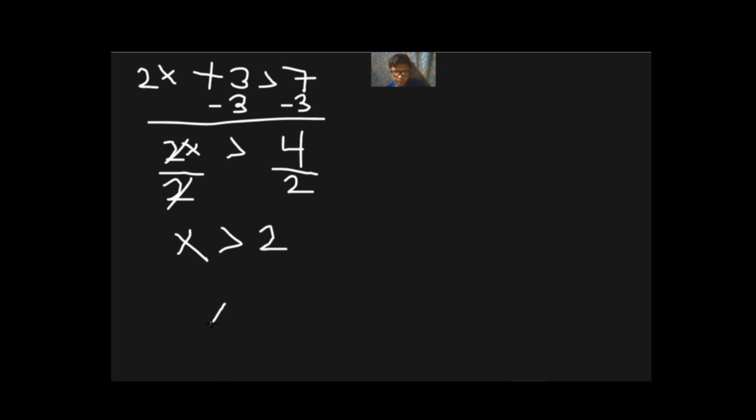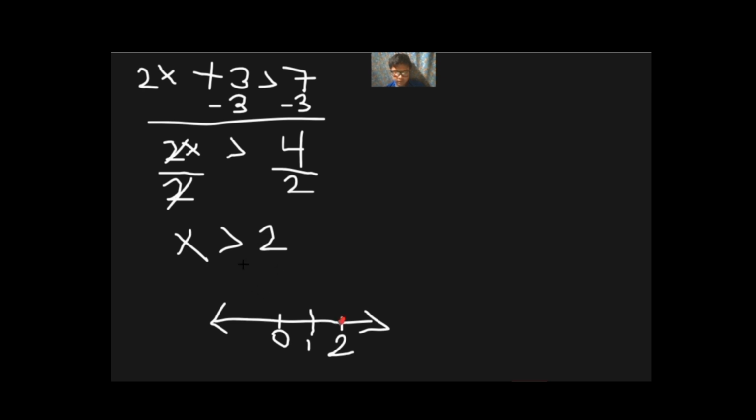To plot this, we mark the 1 and 2. X is greater than or equal to 2, so we're going to mark a point here at 2.